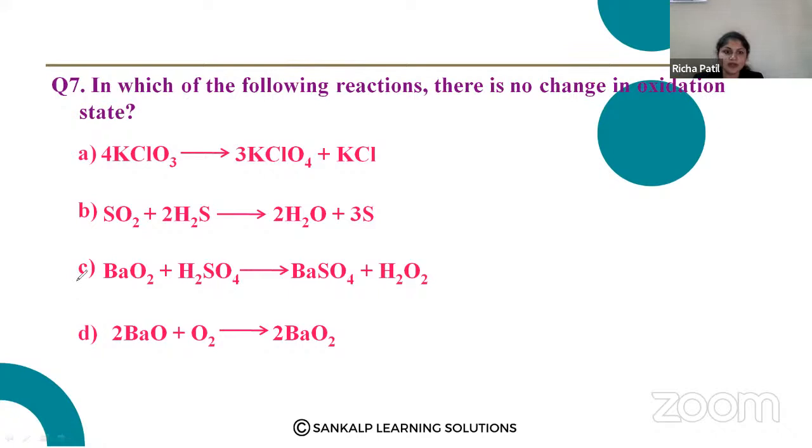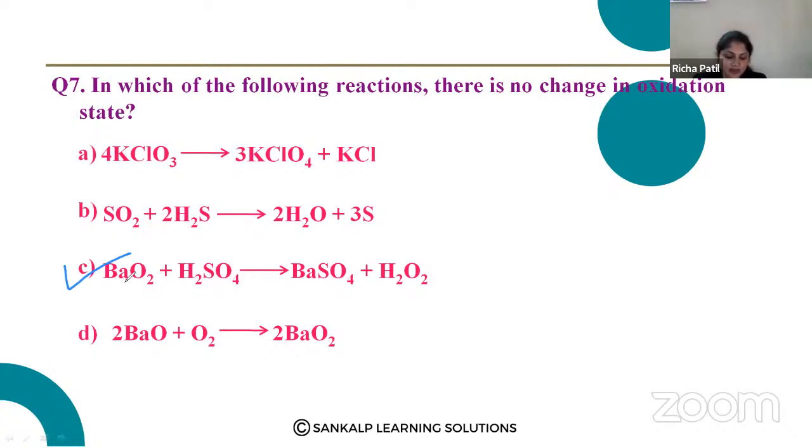I'll give you the option. It is C. Why? Because you have to write the oxidation number for each reaction, and you see whether there is any change in oxidation state. If there is a change, it is not the correct answer here.